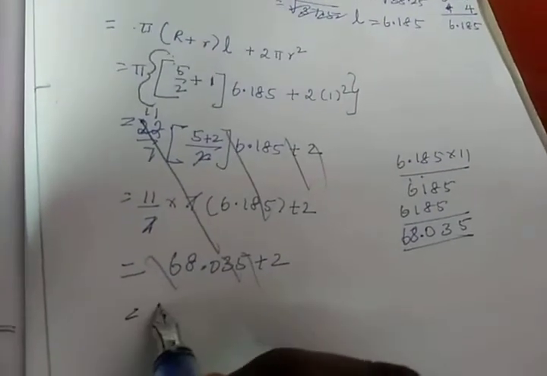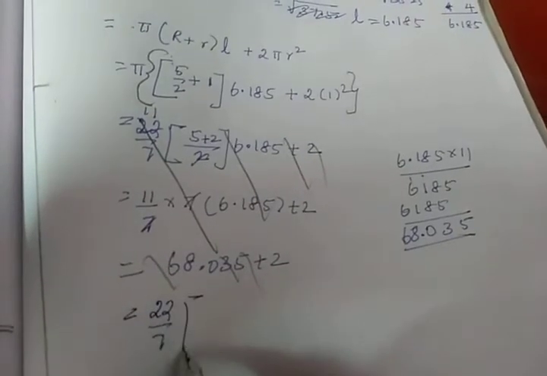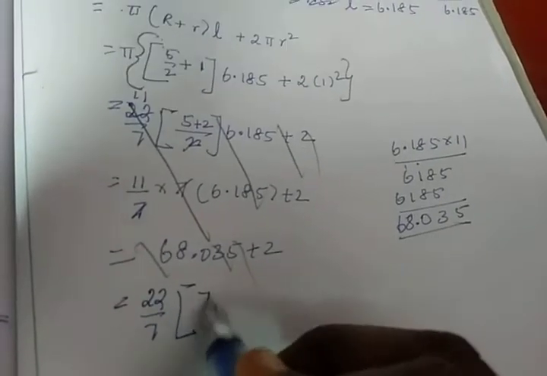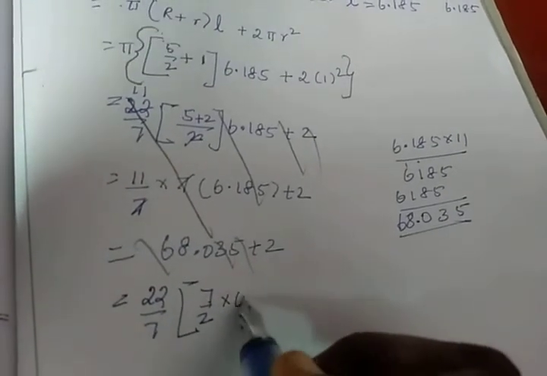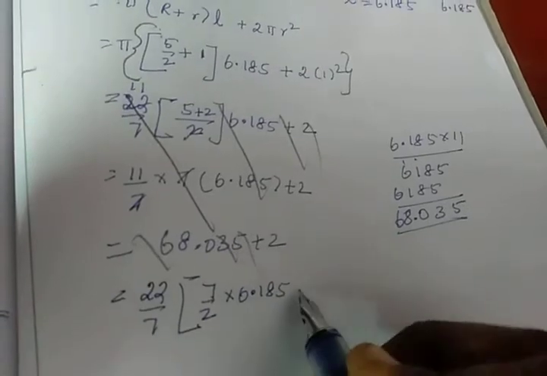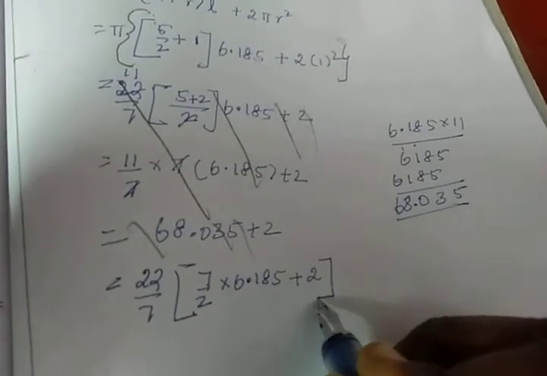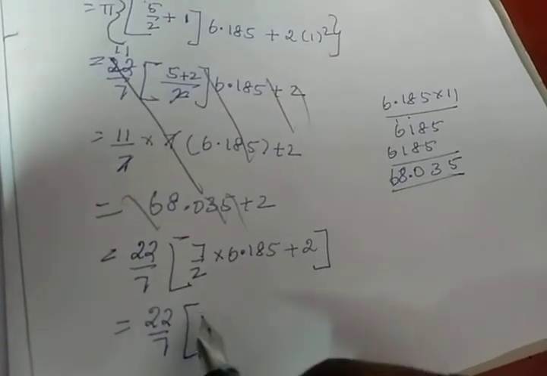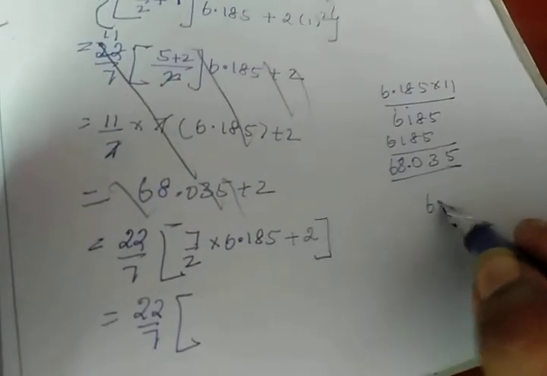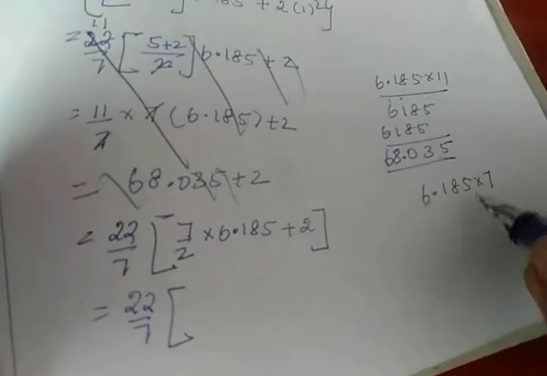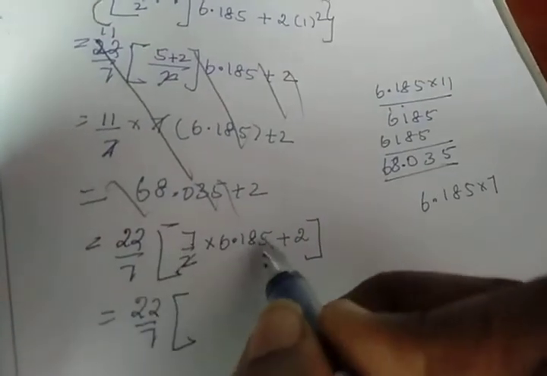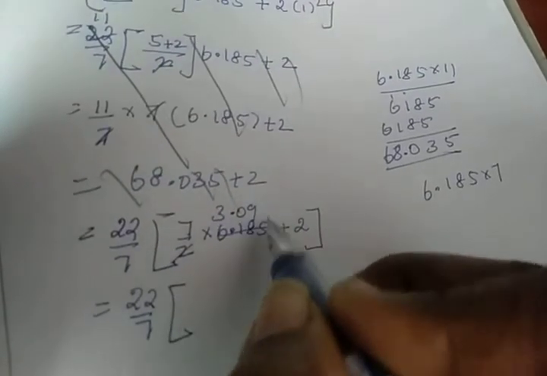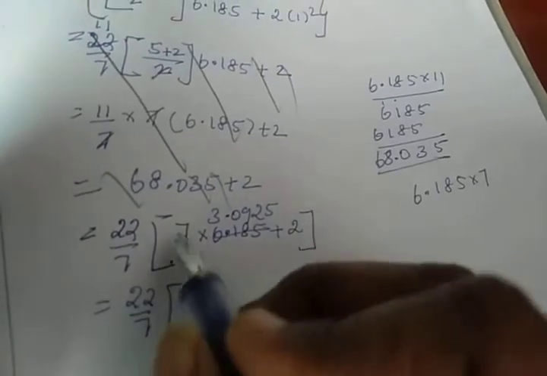So it is 22 by 7 into, while taking LCM you will get 5 plus 2, 7 by 2, I am writing it directly, into 6.185 plus 2. Now 22 by 7 into, multiply these two, 6.185 into 7. First cancel it, otherwise you will get it easily. Now multiply.